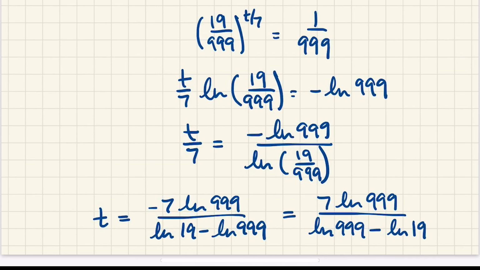That way looks pretty cool. On a calculator, I get that this is approximately 12.2. So 12.2 days into the experiment, 500 people will have the virus.